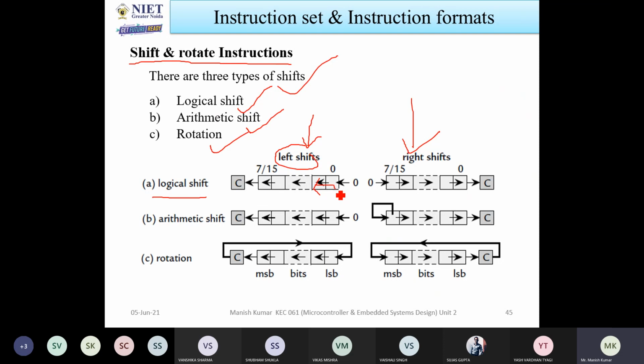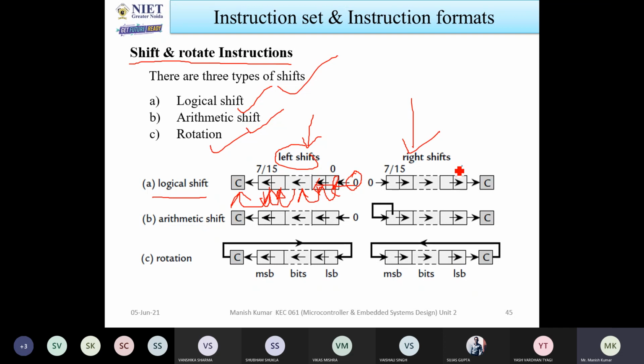It means that this bit is shifted into this bit, shifted into this, and so on, and the last bit is shifted into the carry flag. But when you shift, this position will be vacant. So you have to provide 0 in this vacant position.